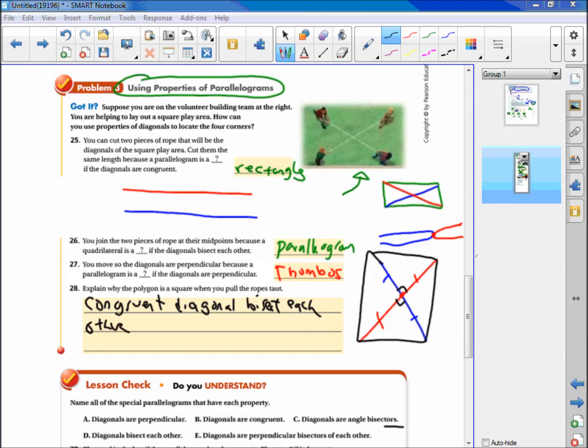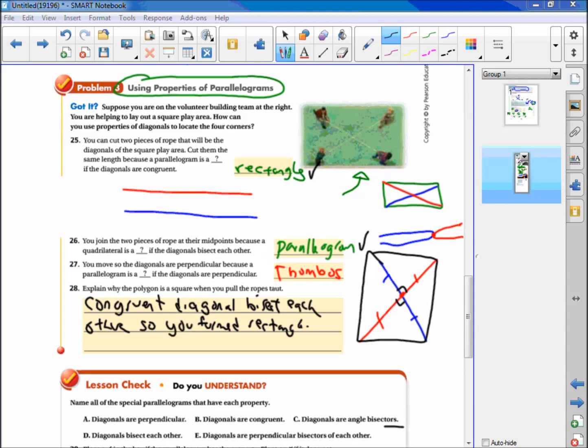So you formed a rectangle. Remember, a rectangle is a parallelogram with diagonals that are congruent. We forced it to be a parallelogram by tying them at the midpoints, and we forced it to be a rectangle by making the diagonals congruent. So that gets us there.